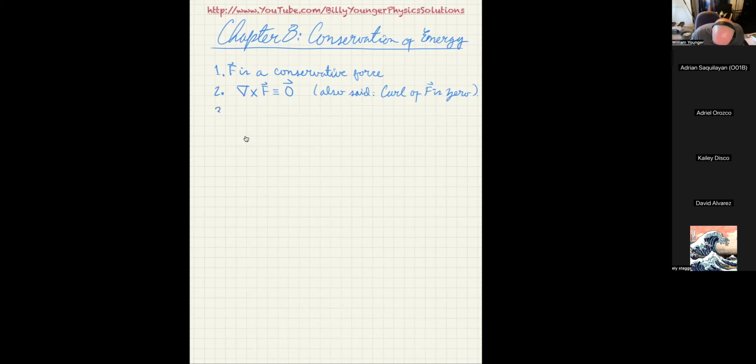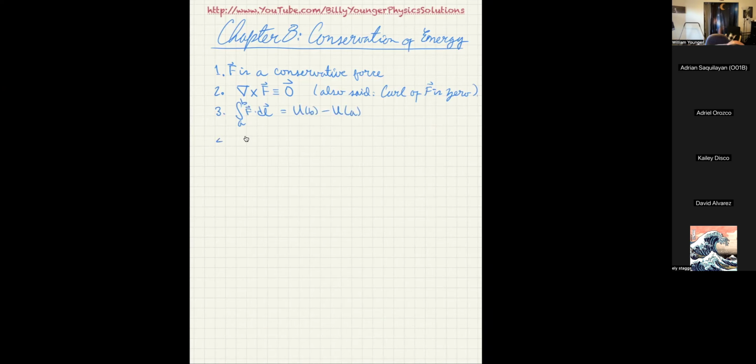There's a third one, and it says the integral of F dot dl from A to B, which hopefully y'all recognize is the work done in going from A to B, is equal to some function of B minus that same function of A and is independent of the path.